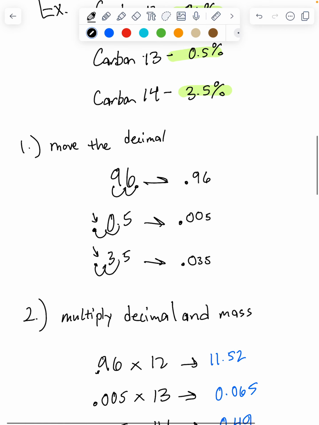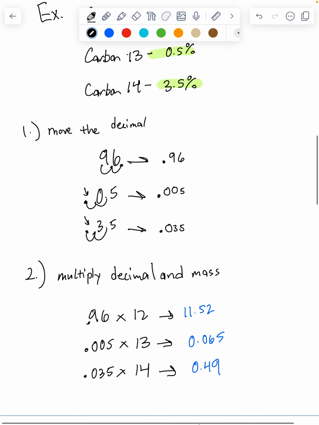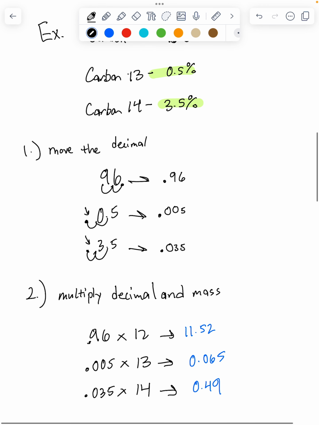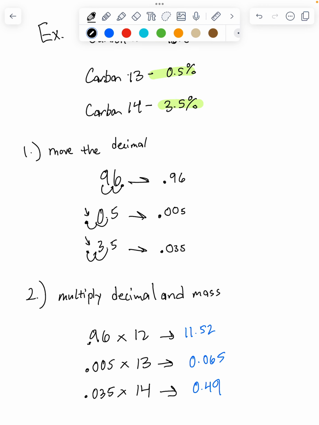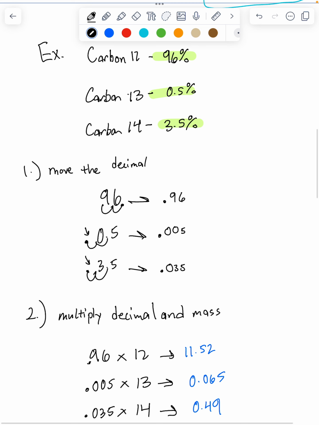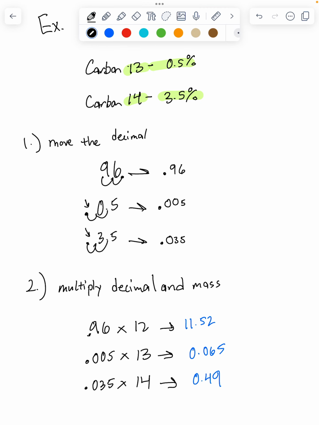Now that we have our decimals, you're going to multiply them by the masses that you were given. So we have a mass of 12, mass of 13, and a mass of 14. So 0.96 times 12 gives you 11.52. You take your second one, 0.005 times its mass of 13 to get 0.065.